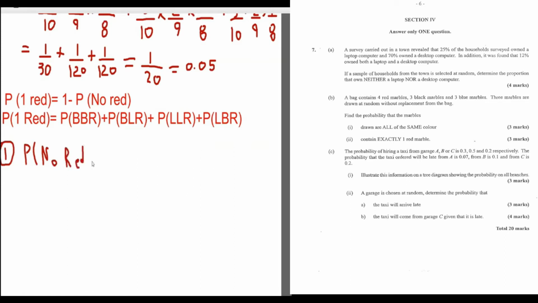To draw no red at all, you can either draw black, then black, then black, or you can maybe draw black, then blue, then black, or black, then black, then blue, or blue, then black, then blue, or black, then blue, blue, or blue, then black, black.